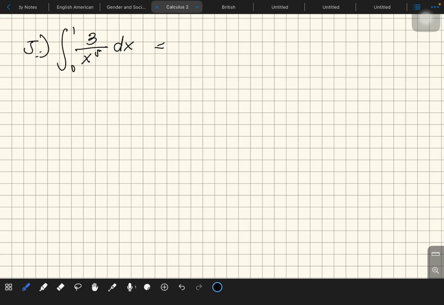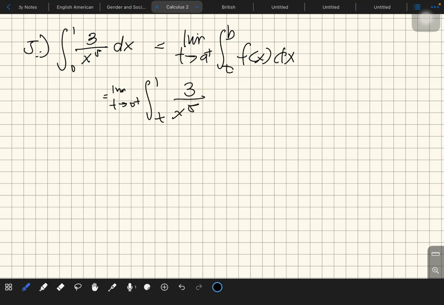So therefore this case is the limit where t approaches a from the right, integral from t to b of f of x dx. So let's copy: equals the limit where t approaches 0 from the right, integral from t to 1 of 3 over x raised to 5 dx.